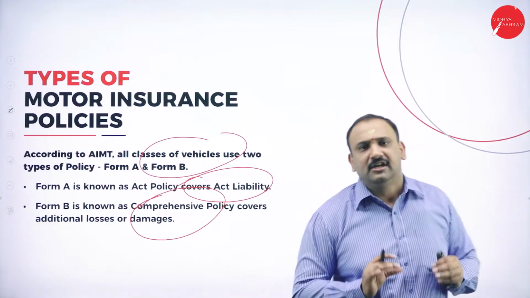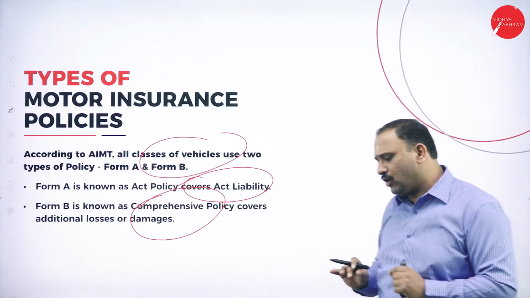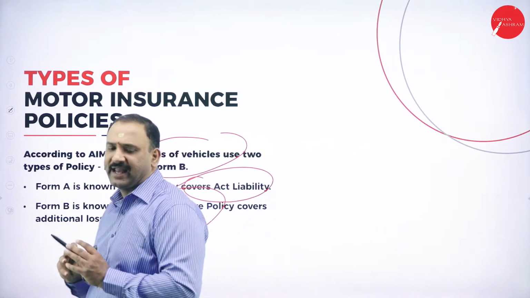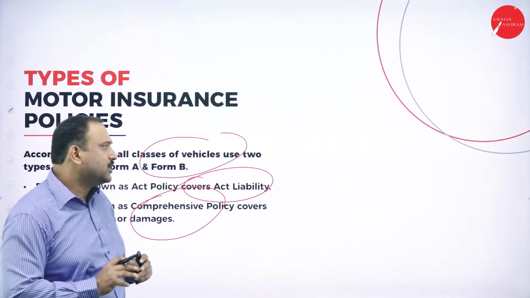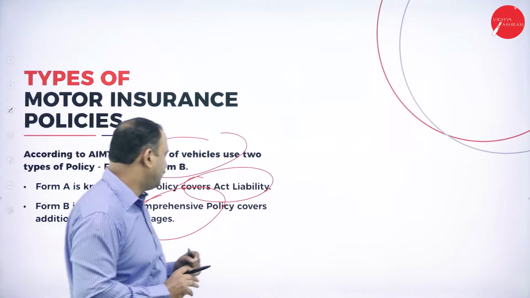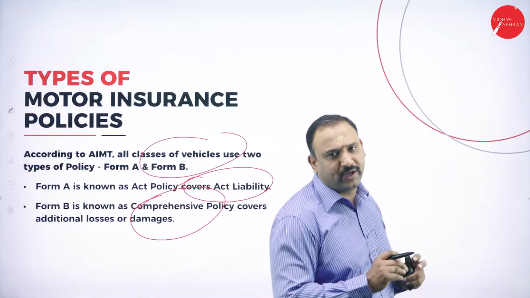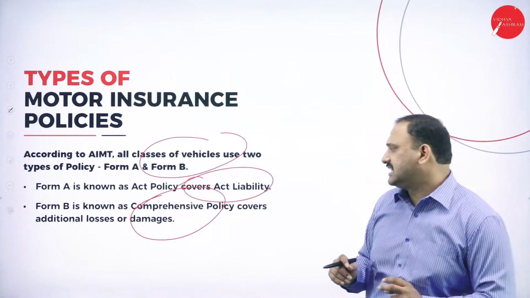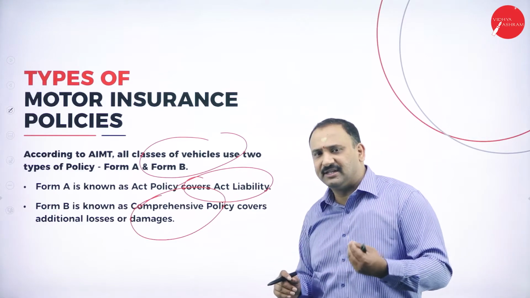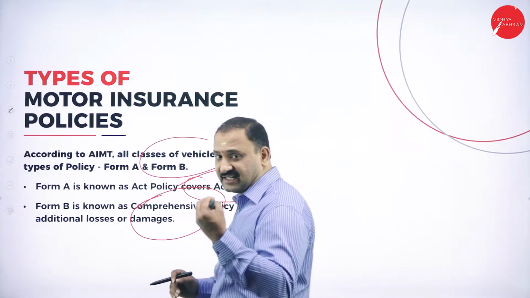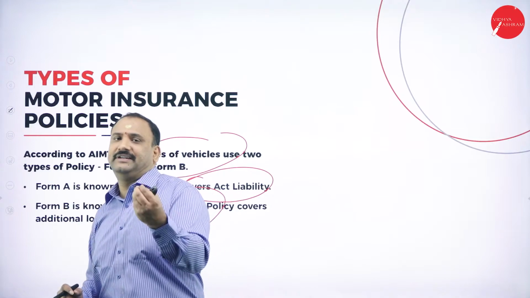Now, what is this Form A and Form B altogether? Is it so important for us to understand Form A and Form B? Why? Because when you talk about this Form A and Form B, we are talking about two categories altogether. Form A is basically an insurance that will cover the Act liability, the basic liability that is arising out of a particular insurance.